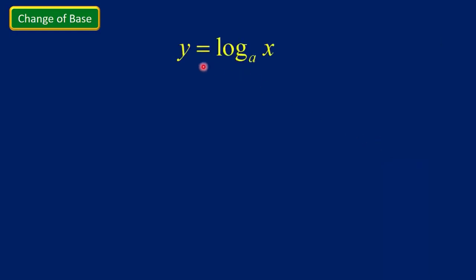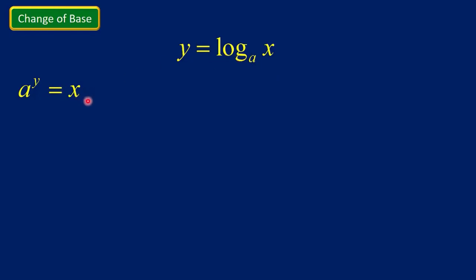Let's look at y equals log base a of x, and let's just explore how we might go about changing that to another base. First of all, let's convert it to exponential form. So in other words, instead of y equals log base a of x, I'll have a to the y equals x. Just applying base a to both sides, we get this.